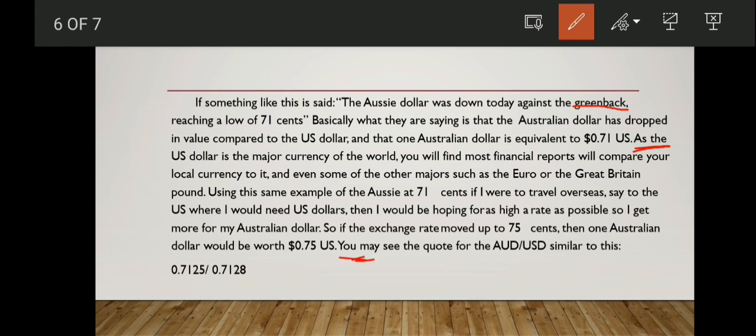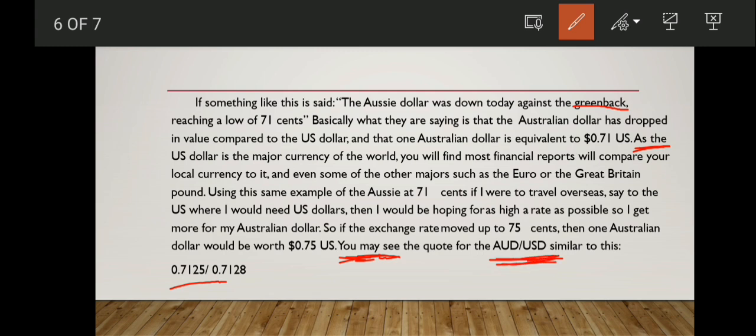In this place, you may see the quote for the Aussie dollar similar to this: 0.7125/0.7128. So look at the currency pair we are talking about, Aussie versus the USD.